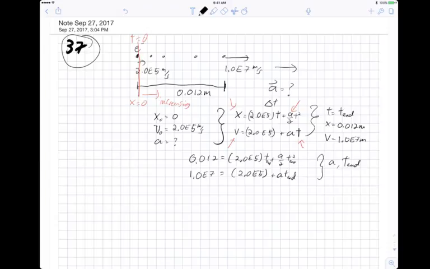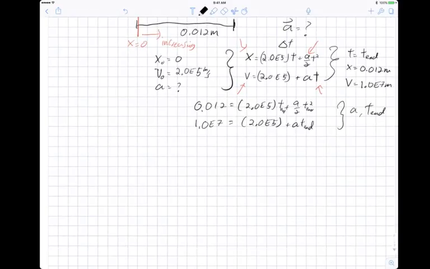How do you do that? You solve and substitute. I guess I better do it, huh? This is a 2-star problem, incidentally. So I'll move this over to this side, and that gives you 1E7 minus 2E5 is equal to 9.8 E6 is equal to a times t.